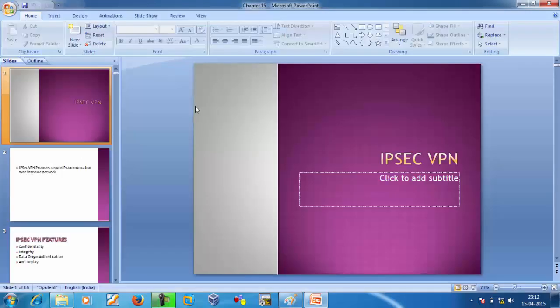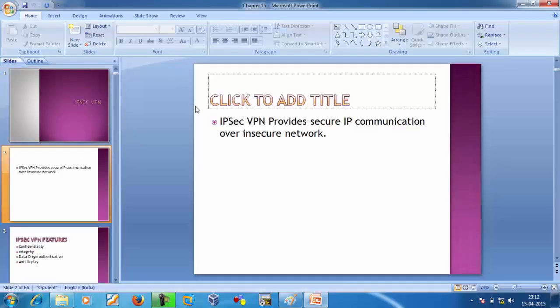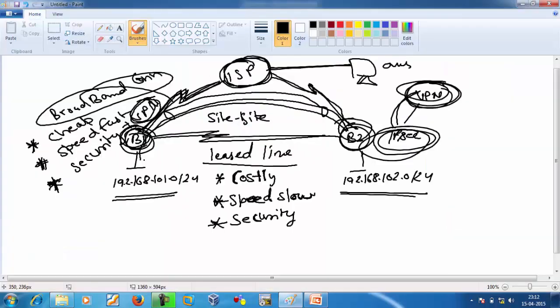To answer this question: IPsec VPN provides secure IP communication over an insecure network. In this scenario, we want branch 1, or site 1, to be able to communicate with branch 2, or site 2, in a secure way. So a technology, a concept or a feature which provides secure connectivity over the ISP, which we assume is an insecure network, is called VPN.